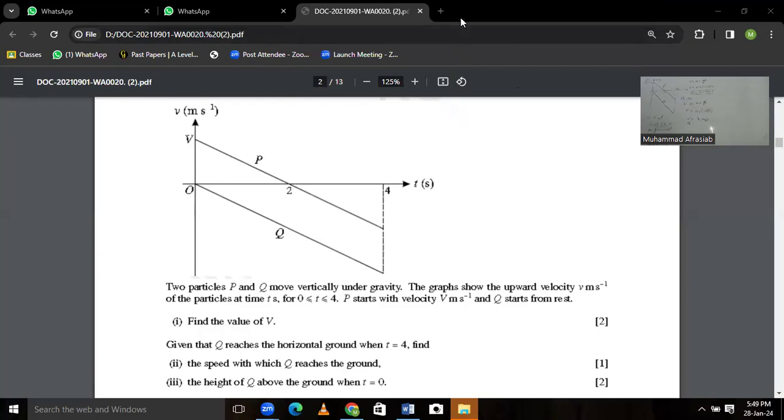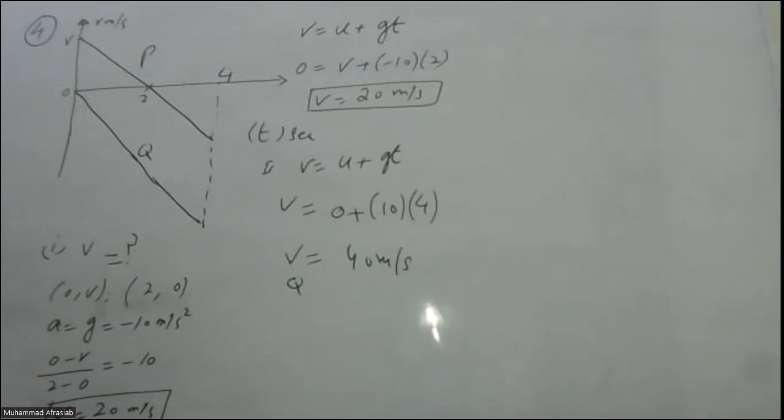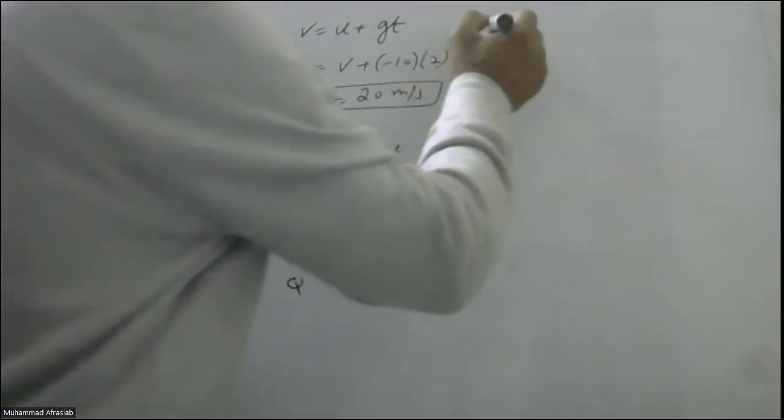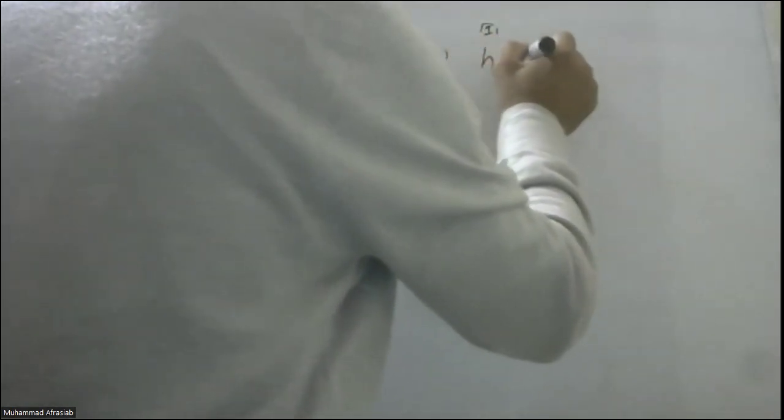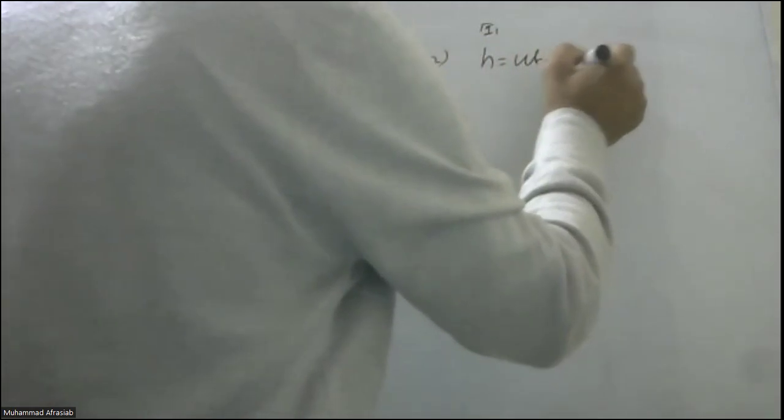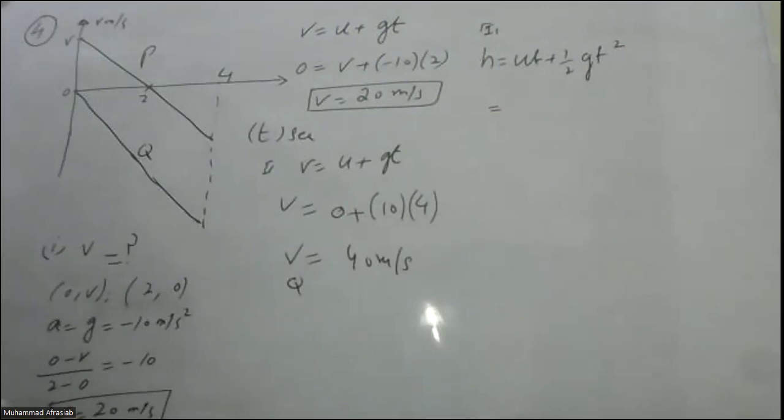Since we know that height is equal to ut plus half gt squared, because Q is starting from rest.